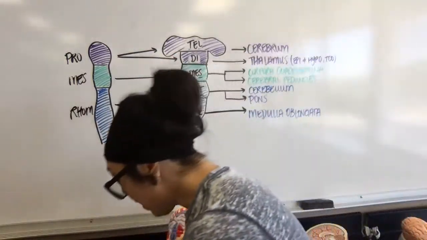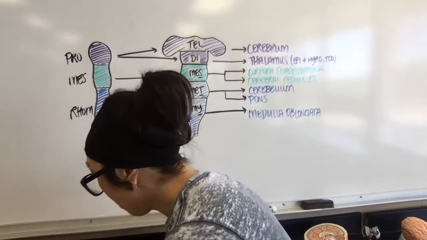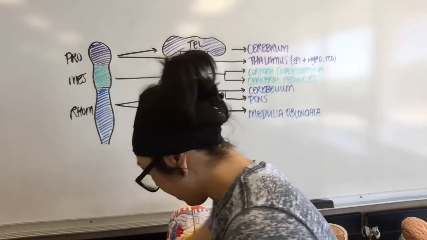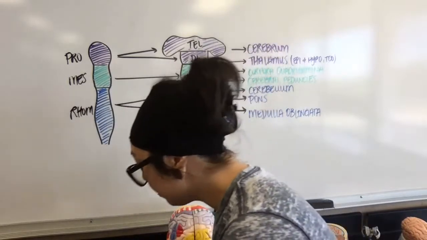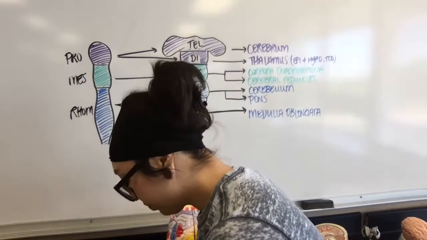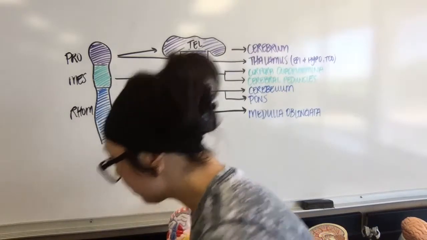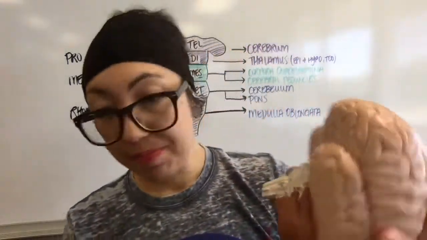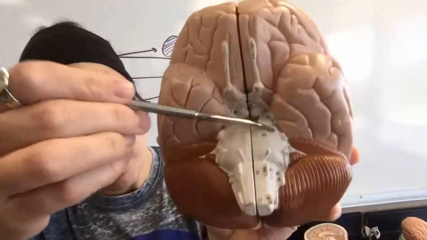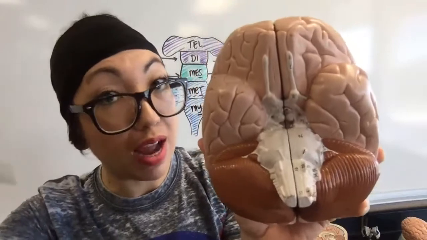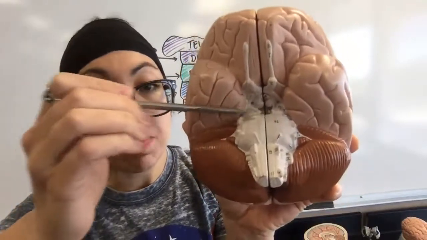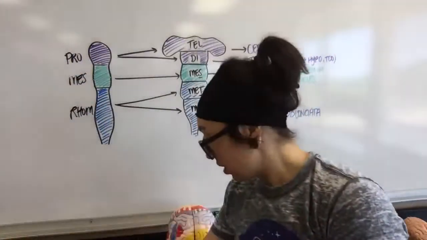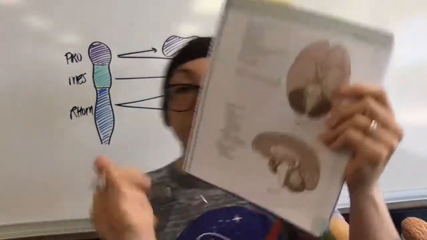Okay, then we have the oculomotor nerves. So let me put my brain back together. Okay, the oculomotor nerves are cranial nerve 3. And the easiest way to find those is this big structure here, called the pons. And that's what this is right here.